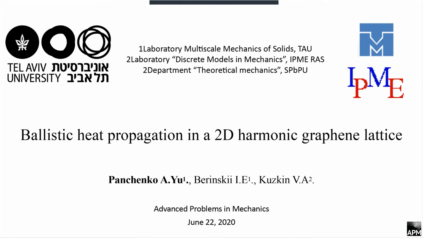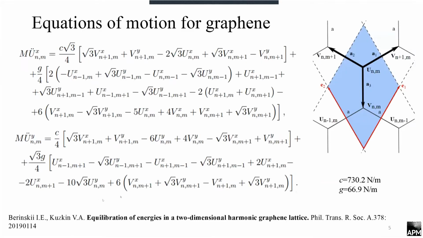So there is an infinite ideal crystal lattice. A particle could move only in plane, and the equation of motion in harmonic approximation in vector form you can see here, and scalar form you can see on this slide.